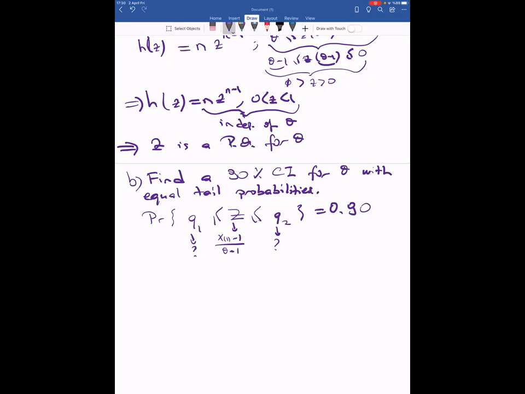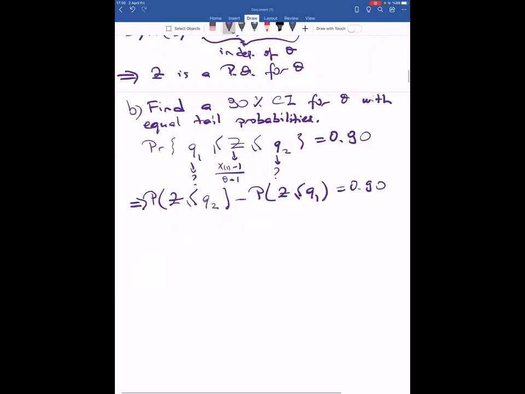Okay, so we can write this as the difference of two CDF values, actually, right? Q2 minus Q1 equals 0.90. So this will be the CDF of Z at Q2. If you find the CDF, it will be easy.